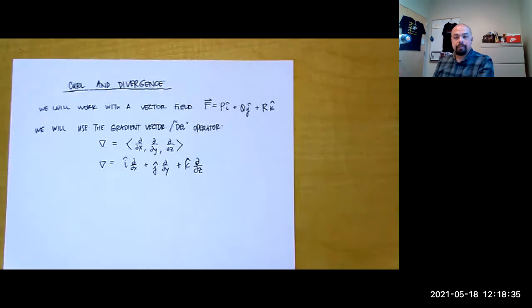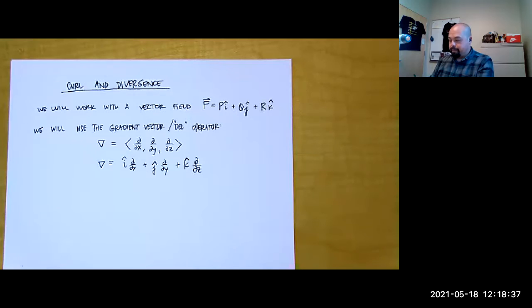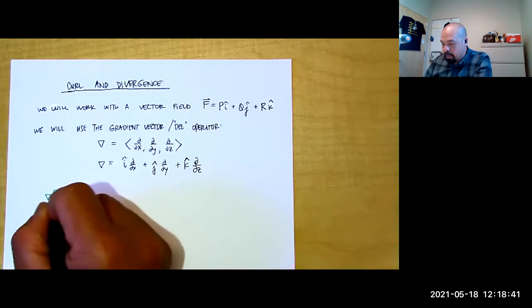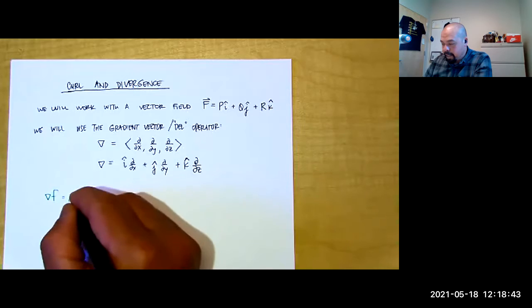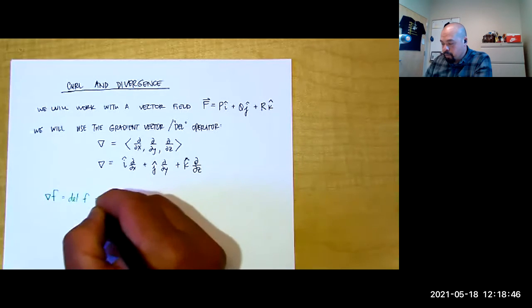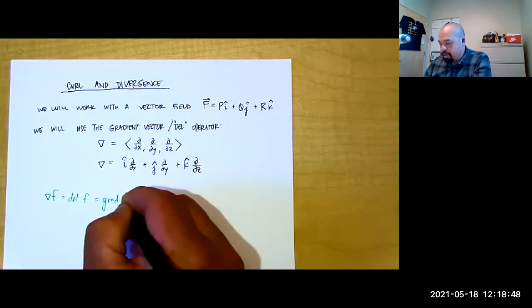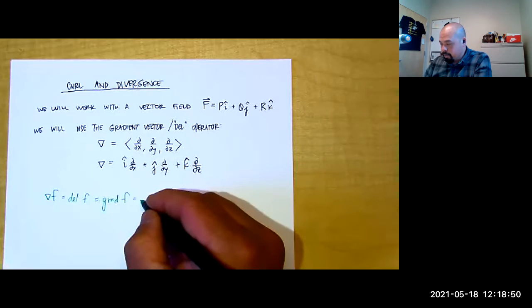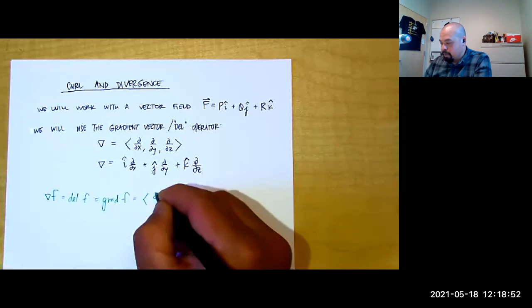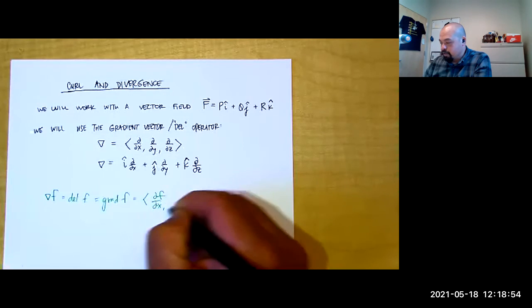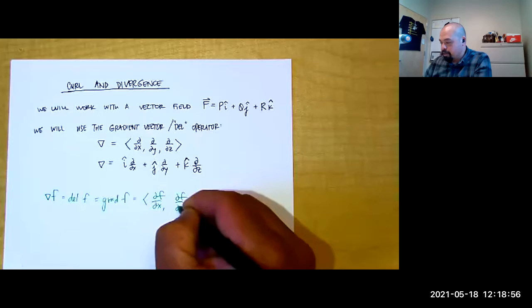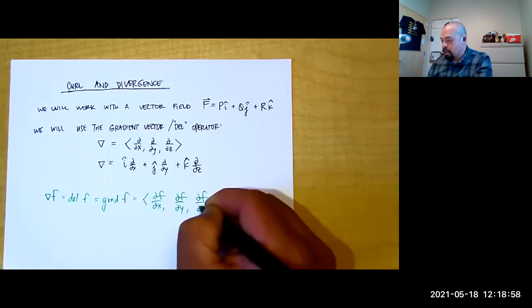Before, we had looked at del f or grad f to be that vector, the partial of f with respect to x, the partial of f with respect to y, and the partial of f with respect to z.